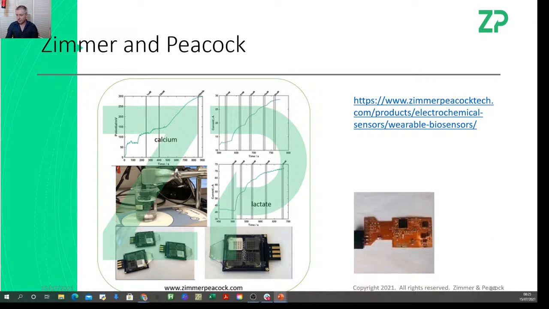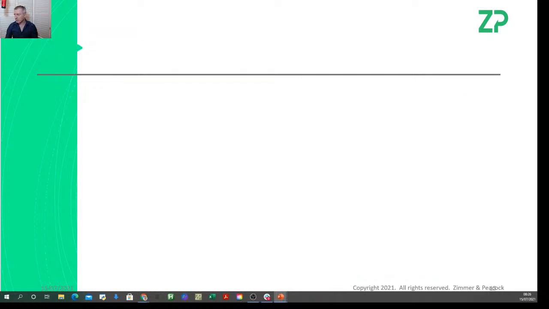We also have electronics, called the EZ Flex, that these microneedles will plug into. This is the electrical connection here, and they connect into this connecting block here. So we do have electronics for CGM.